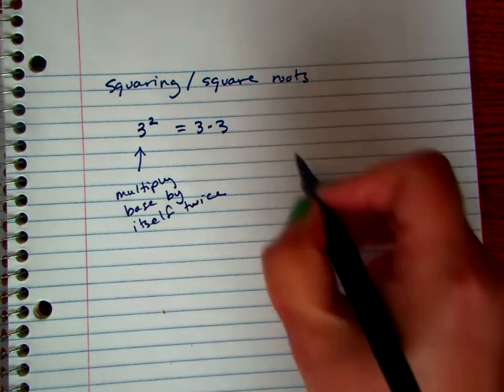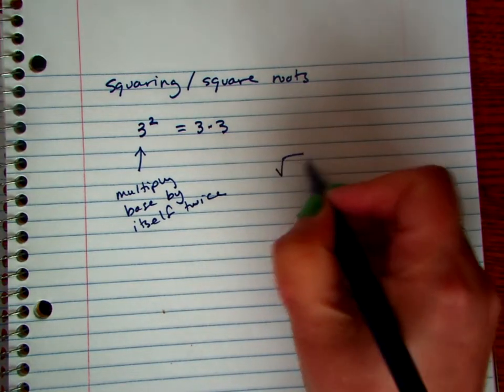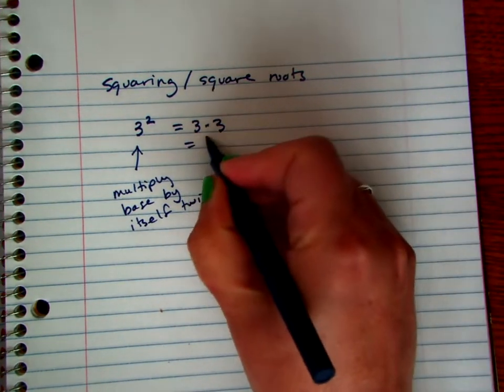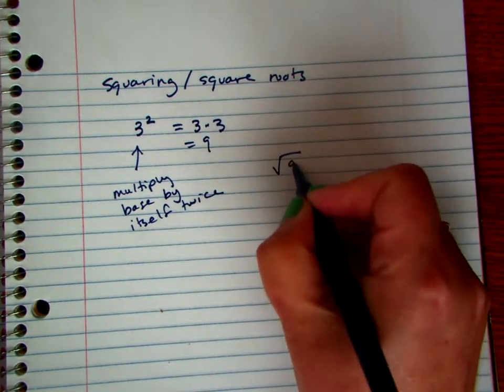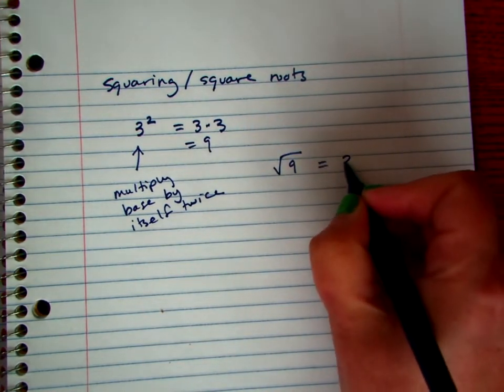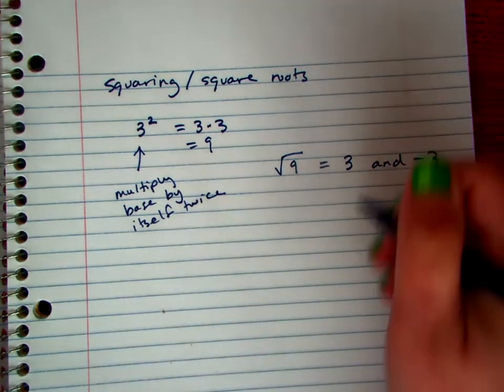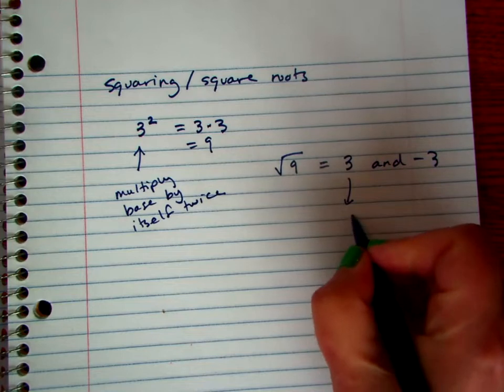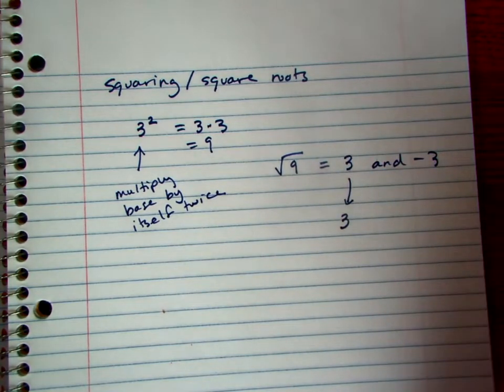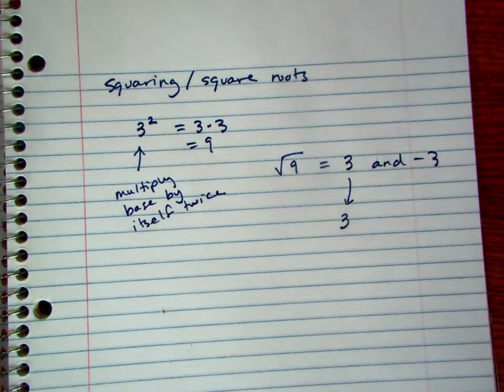Okay, and if we do the reverse, so if we take the square root of 9, it becomes 3 and also negative 3. Now, all we're going to care about for the most part is this 3, because it's positive. And when you're doing lengths of triangles, they're always going to be positive.